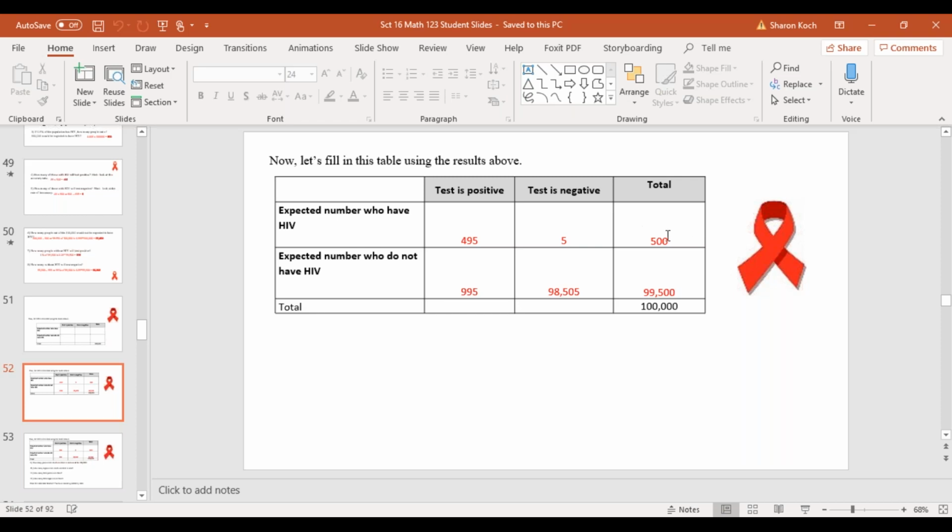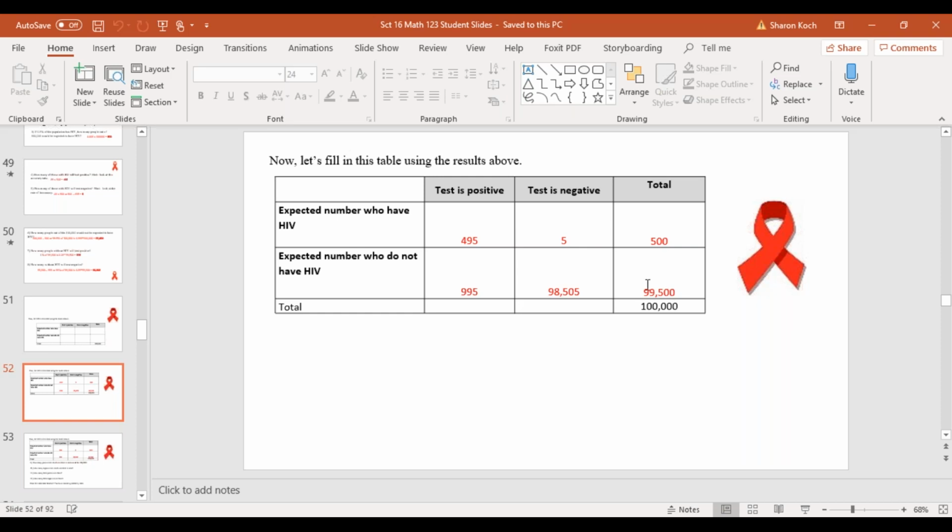So 0.5% in the form of a decimal is 0.005, because I take the percent and divide by 100. 0.005 times 100,000, and I come up with 500 people. I know these numbers have to total 100,000, so I can just do a subtraction to get this other number here.